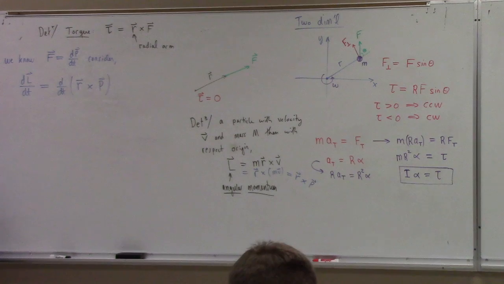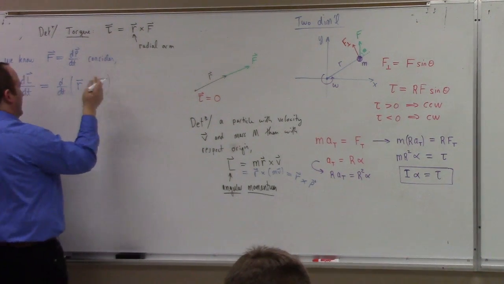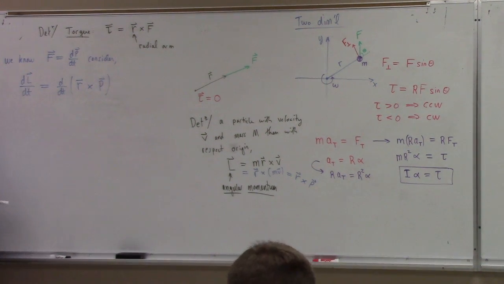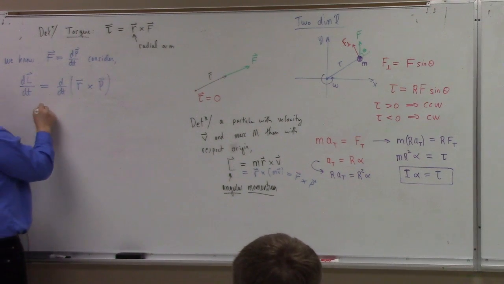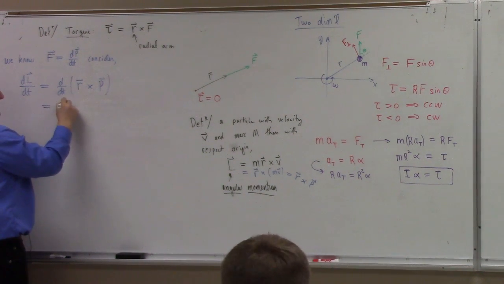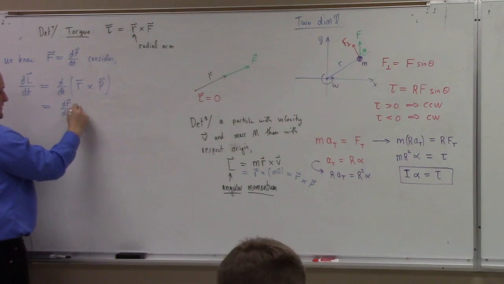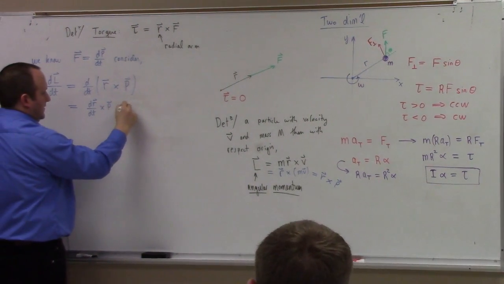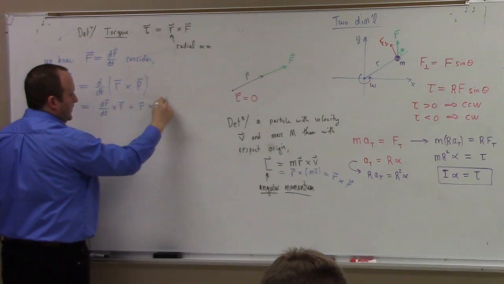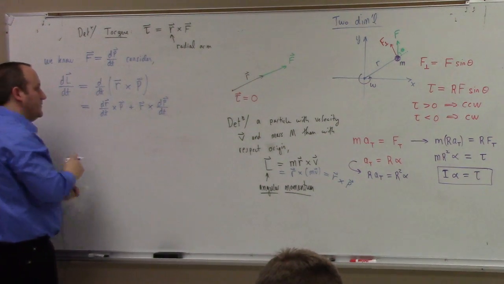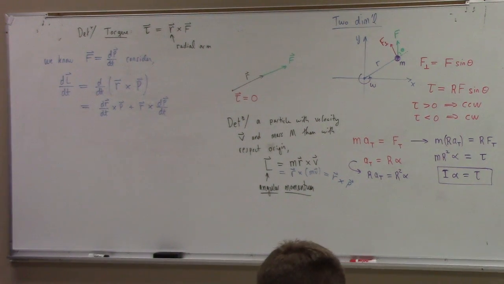Or we could write this as m r cross v, if you like. Whatever floats your boat here. So this is dr/dt cross p plus r cross dp/dt by the product rule. One of many product rules, but a product rule nonetheless.